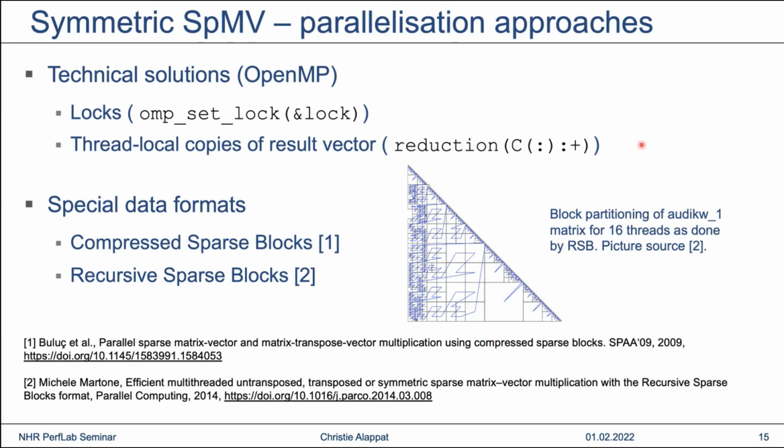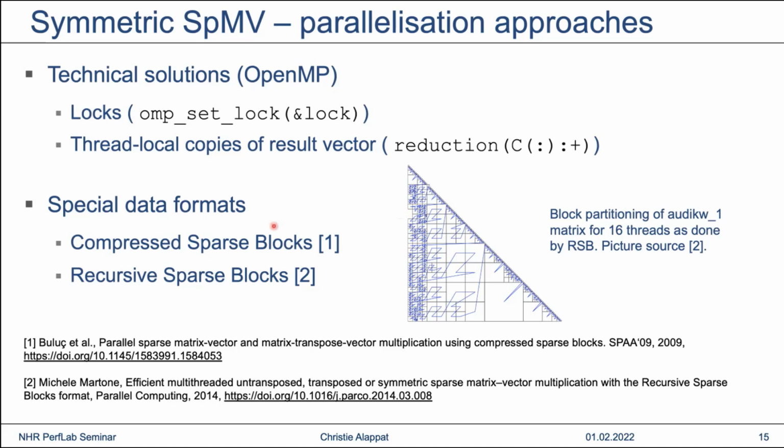However, these methods work only when you have a lower number of threads. They are not scalable when you have a high number of threads, as we have on current multi-core CPUs, where we have 50, 60 cores.